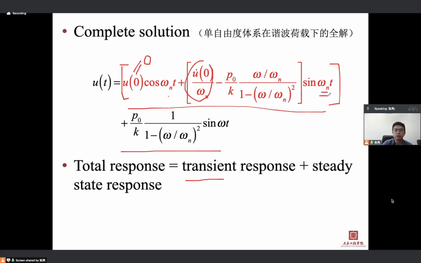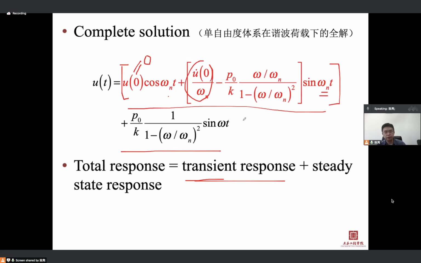Which means even if the structure starts at rest, with no initial displacement and no initial velocity, its total vibration still has the component of transient response. We still have the transient response part, even though the structure starts at rest.